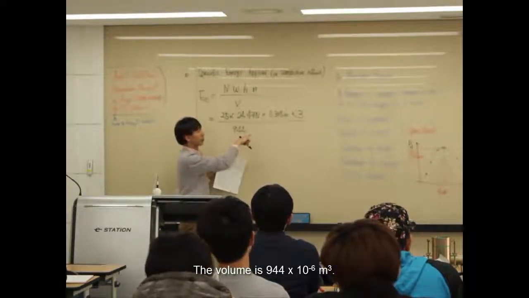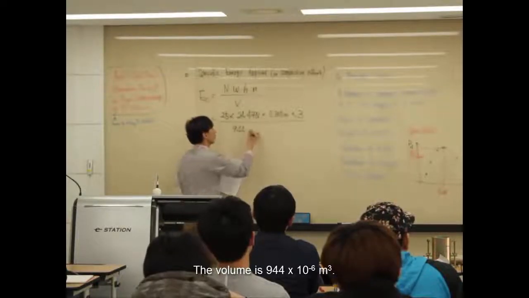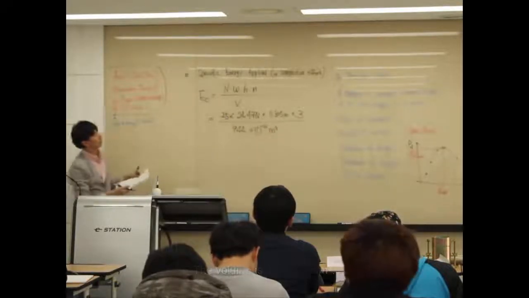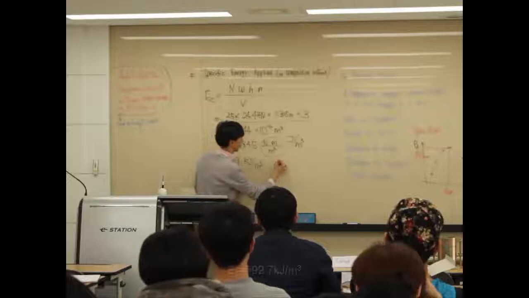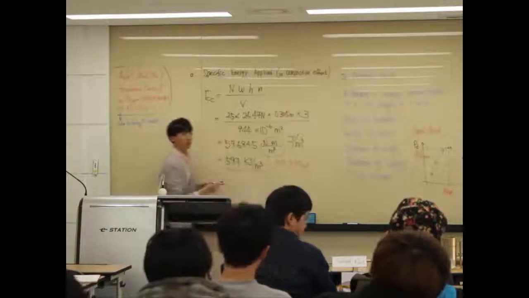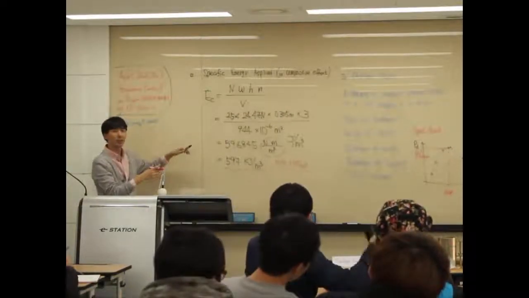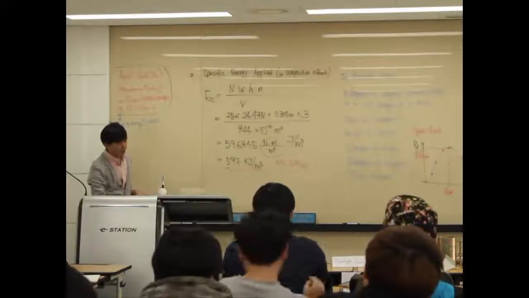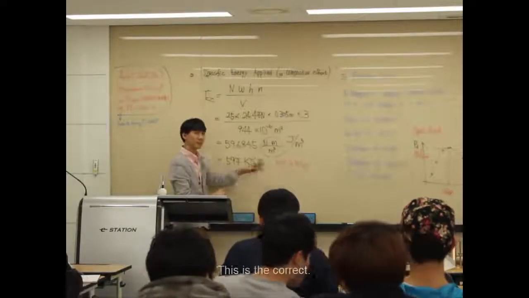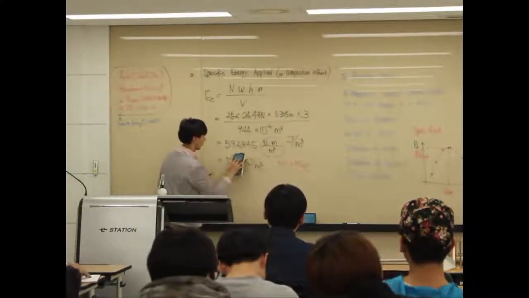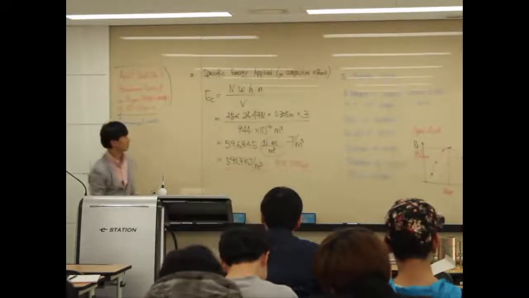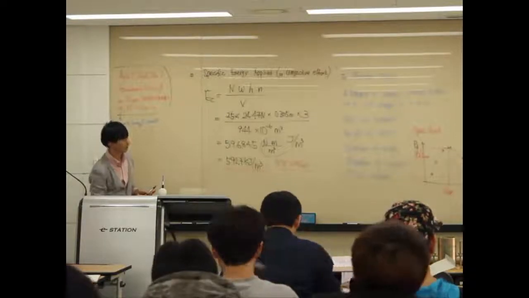If you want to convert it to cubic meters, that's 944 times 10 to the negative 6 cubic meter. That gives about 592.7 kilojoules per cubic meter. Which one is correct? I don't know, but you get the idea. It's pretty much a similar number. So about 593 kilojoules per cubic meter.